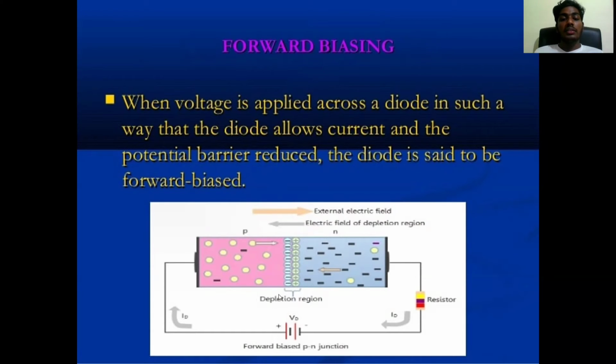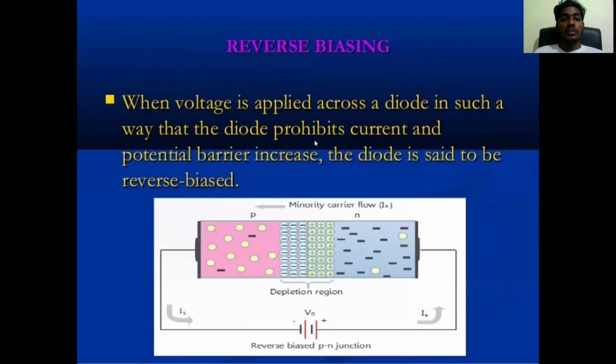This is a forward biasing model. Here, external electric field is applied in this direction, and the electric field of depletion layer is in this direction. Current will flow in this direction, from positive to negative.